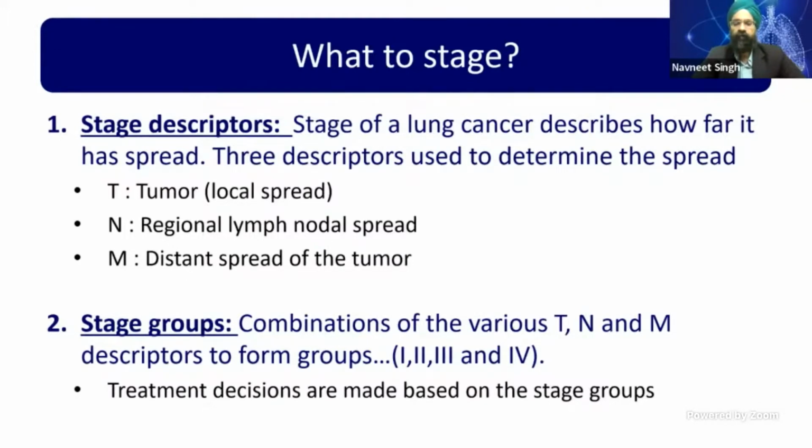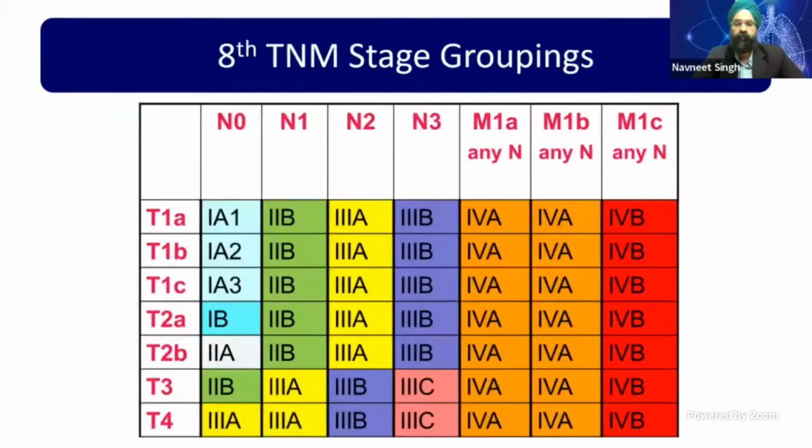And the combination of the various T, N, and M descriptors form these groups or stagings ranging from stage 1 to stage 4. And treatment decisions are made based upon stage groups, but also taking into account the individual T, N, and M descriptors sometimes. And this is how this is represented, ranging from N0 to N3, from M1A to M1C, and T1A to T4.